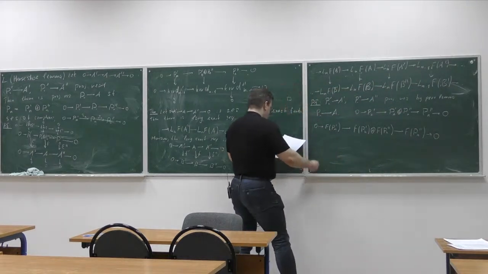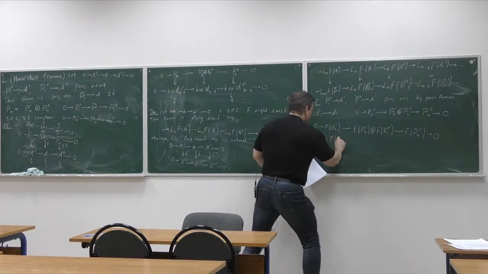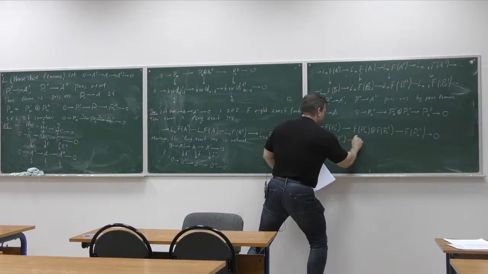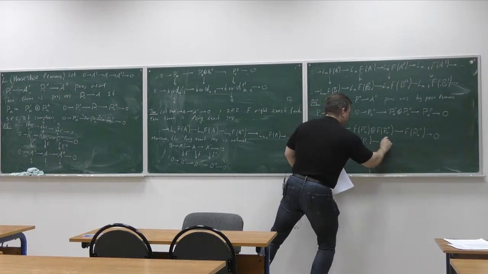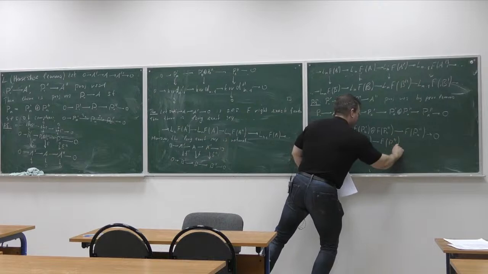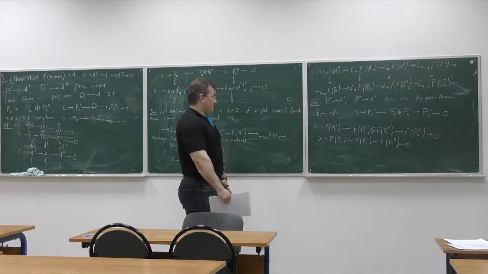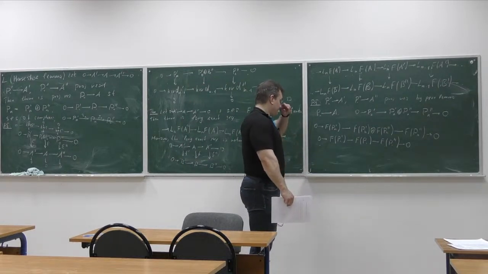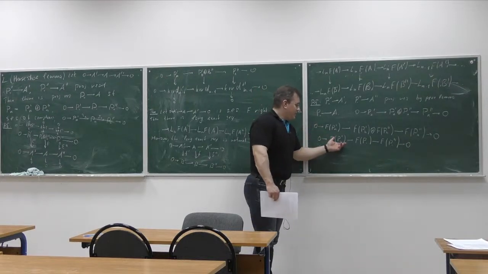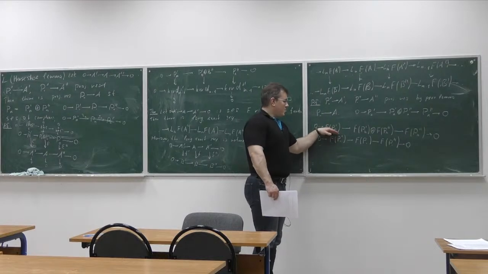So then we'll get a short exact sequence of complexes. Since f is a functor, this is definitely a short exact sequence. It is exact at each n.